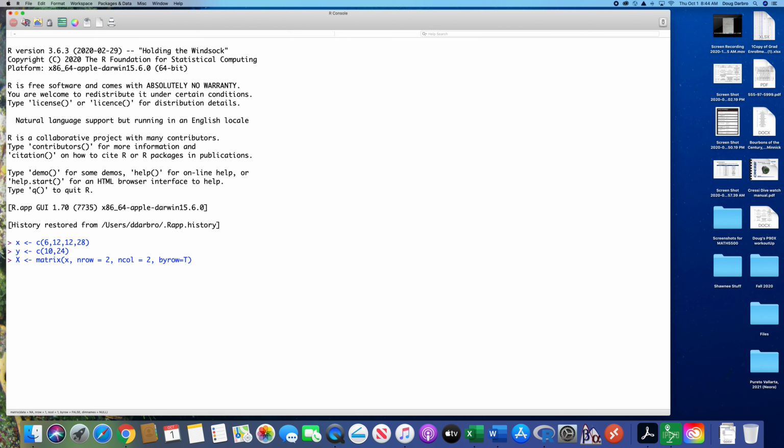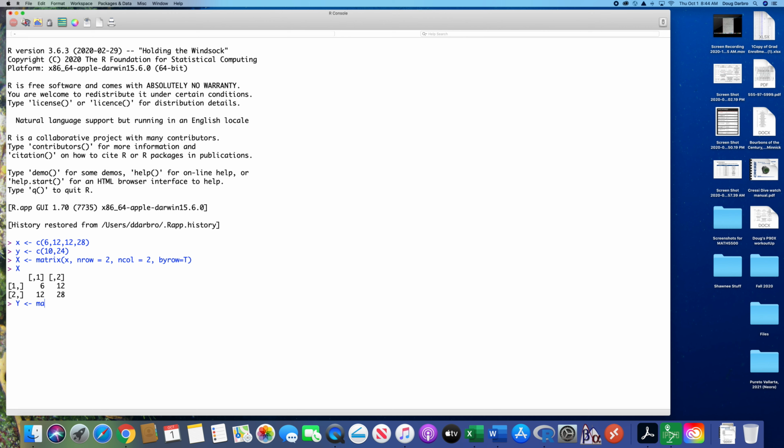Now what this does is it creates my matrix using this dimension by row. So it's going to read across the row to create this matrix. There's going to be situations later on where we do byrow equal FALSE, and that's if we have a vector from a data set, but more about that later. All right, and you can see when I do X, I get the matrix that I want.